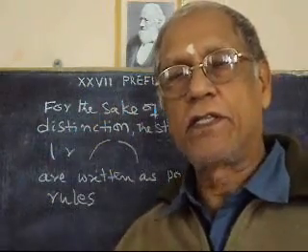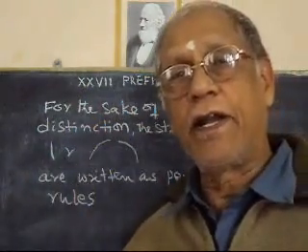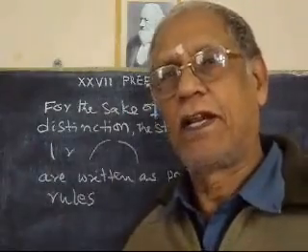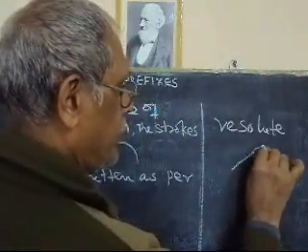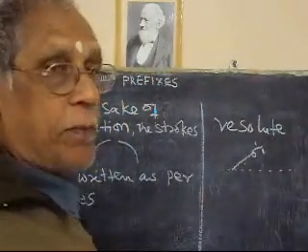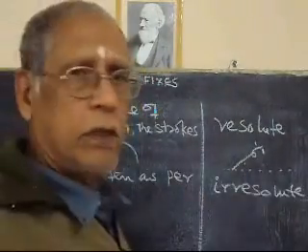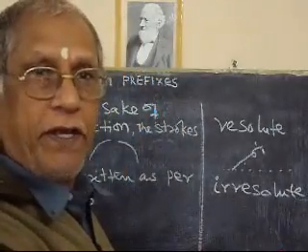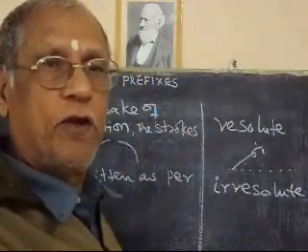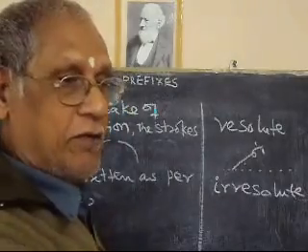In negative words, the strokes L and R are written as per rules. Let us see. Resolute. Suppose irresolute. In the negative word, we need not repeat here because as per rule we write. What is the rule?